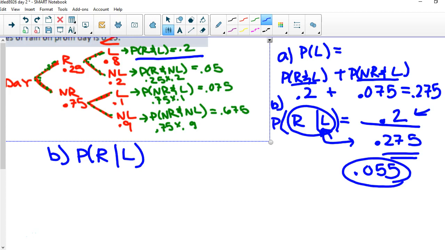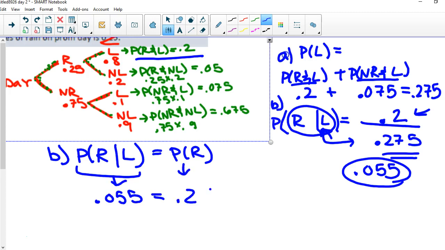In order to establish independence, we have to use our conditional probability, the probability that it's raining given she's late, and it needs to be equal to the probability of rain. This is how we prove it mathematically. We already figured out this answer, 0.055. The probability of rain is already defined as 0.25. This is not equal, so they are not independent.